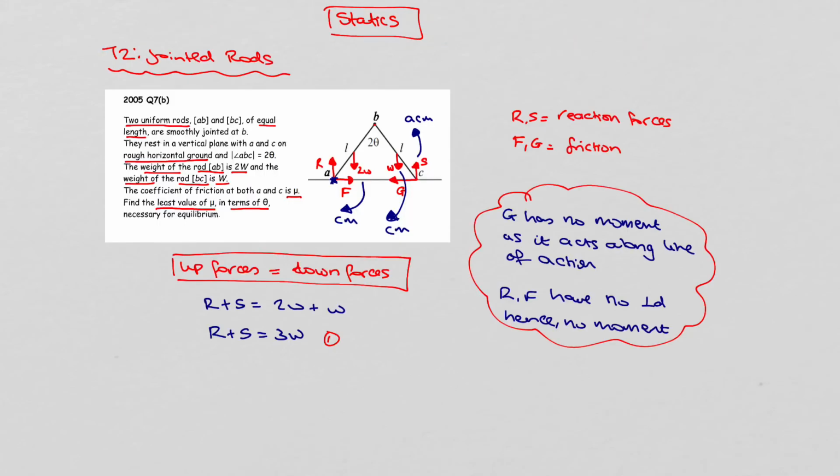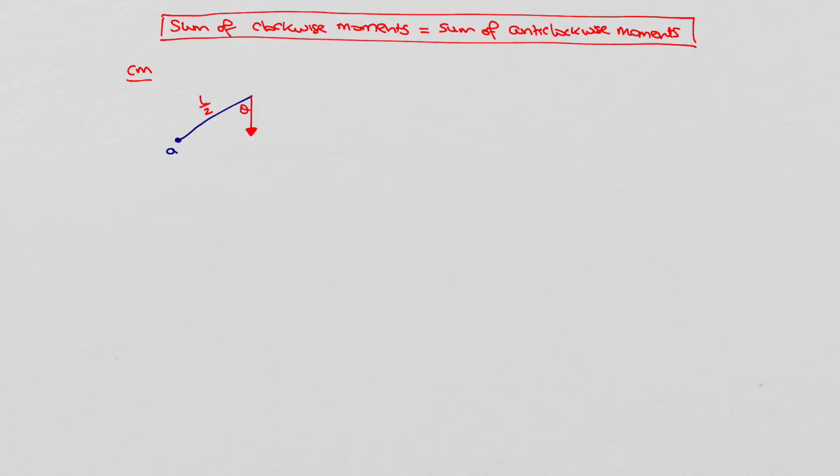We know that the angle here is 2 theta, ABC. So if I was to divide that triangle into two triangles, then that would be the angle theta and the angle theta. So in other words, this angle here is going to be theta.